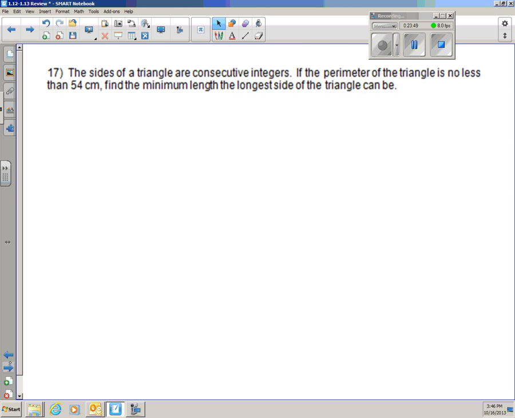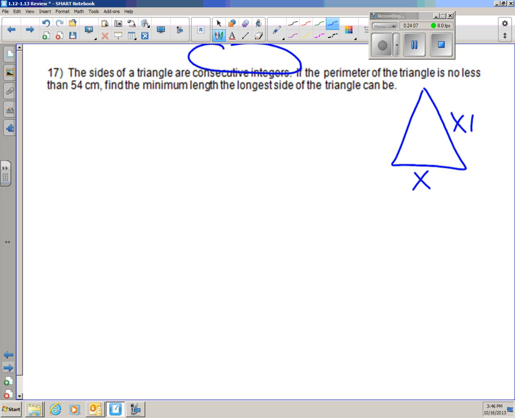Last but not least, sides of a triangle, consecutive integers. Remember, stuff comes back. If the perimeter of the triangle is no less than 54 centimeters, find the minimum length of the longest side of the triangle. Well, 3 sides, consecutive integers. One has to be x. The other is 1 more than that. The other is 2 more than that.